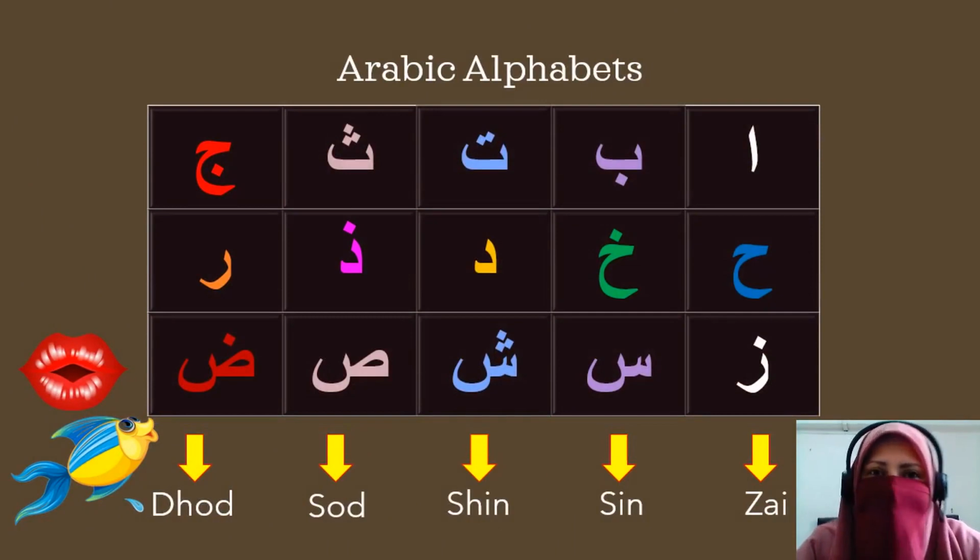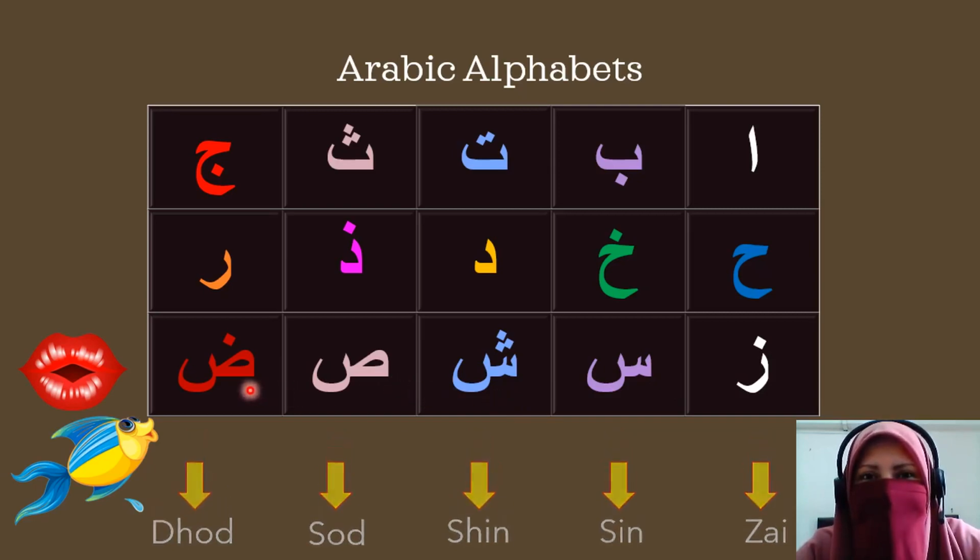Before we end our lesson today, let us revise the letters that we have learned. We have learned 3 lines, Alhamdulillah. Here we have alif, ba, ta, tha, jim, ha, kho, dal, zal, ro, zay, sin, shin, sod, dod. One more time: zay, sin, shin, sod, dod.